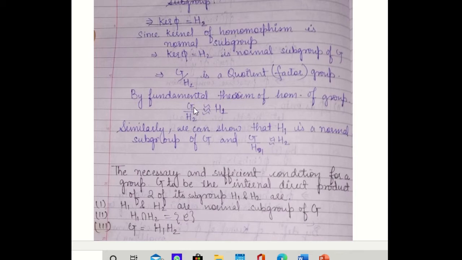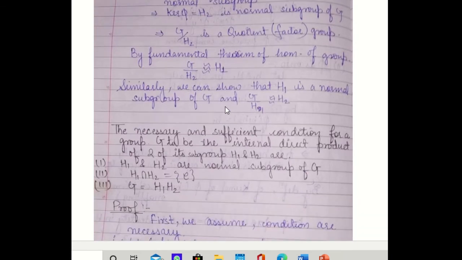So by that, this quotient group will be isomorphic to H1. Similarly, we can show that H1 is a normal subgroup of G, and G upon H1 is isomorphic to H2. It can be shown very easily by replacing H1 and H2 with each other.